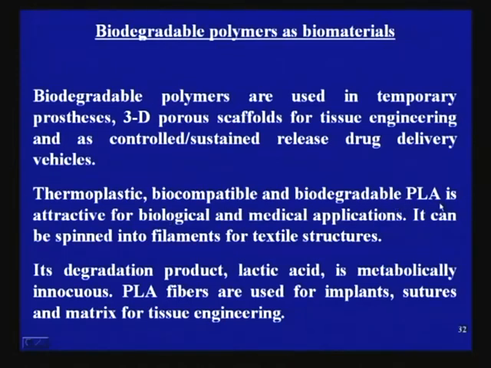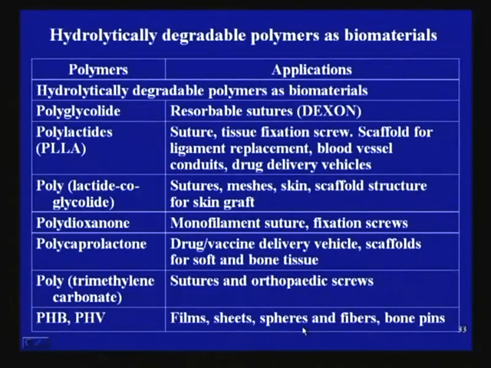And polylactic acid and polyglycolic acid, as I mentioned, and their copolymers are used in implants, as sutures, as matrix materials for tissue engineering. These are examples you see. Polyglycolide: resorbable suture, commercially available.